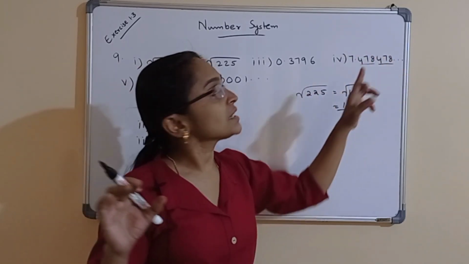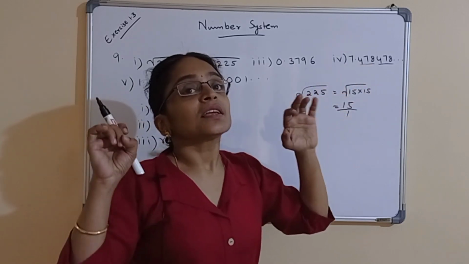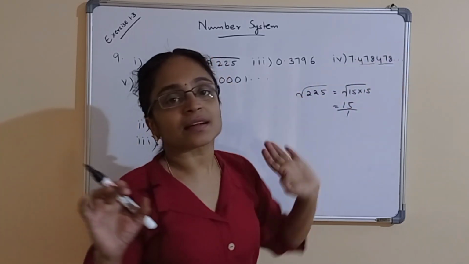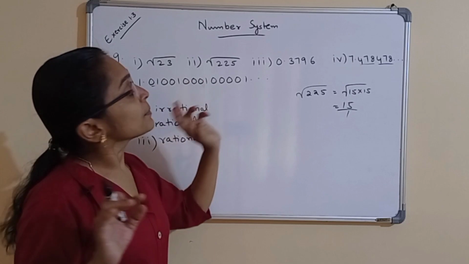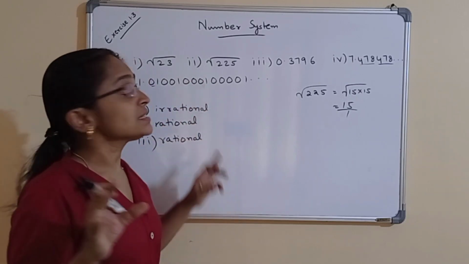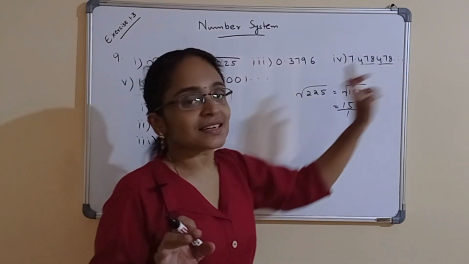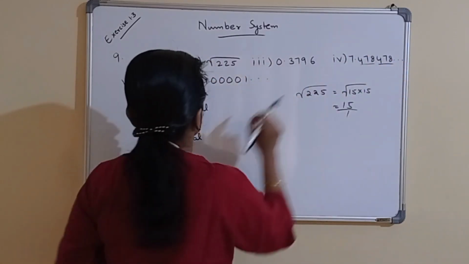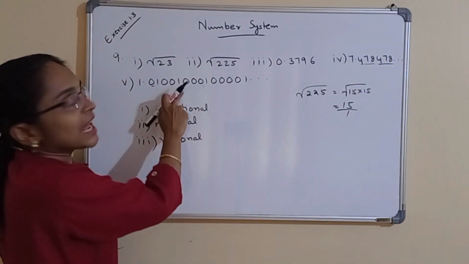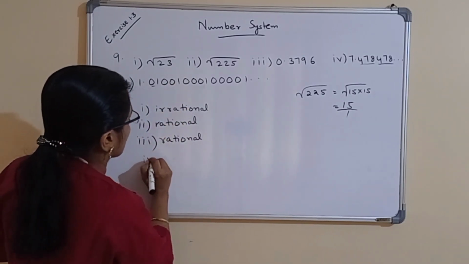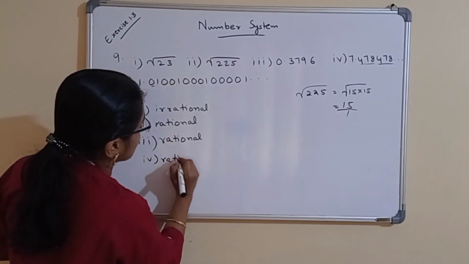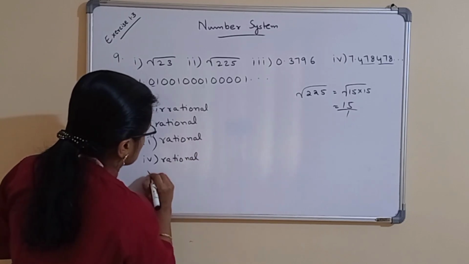If it is non-terminating, it is recurring. And if it is non-terminating, it is not recurring, it will be irrational. So this is irrational and this is rational. So this is rational, this is rational, and this is irrational. Fourth is rational and fifth is irrational.